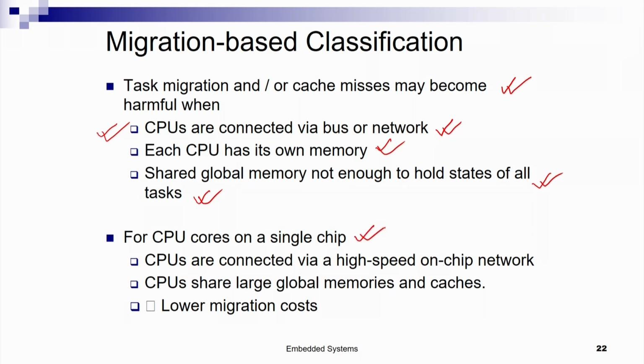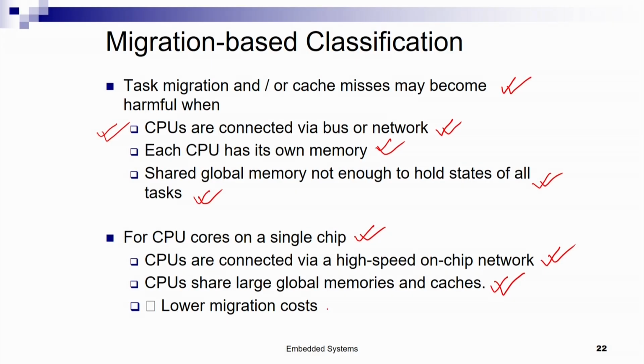For CPU cores on a single chip, even if you have task migrations, it is not that harmful, because CPUs may be connected via a high speed interconnection on-chip network. Therefore, the task misses are not that time consuming. The transfer of both code and data is not that time consuming, and hence the overheads are less.